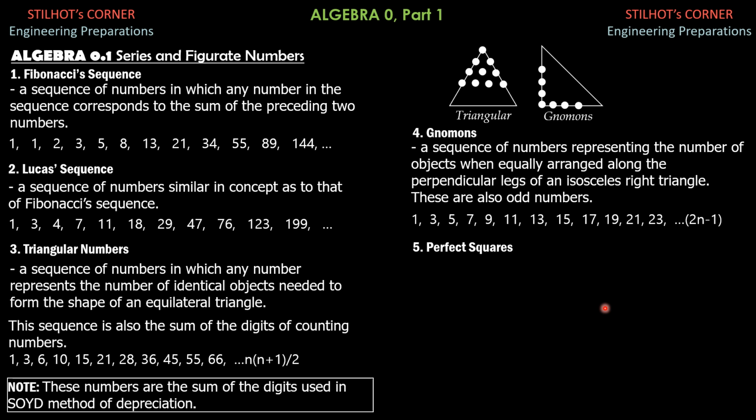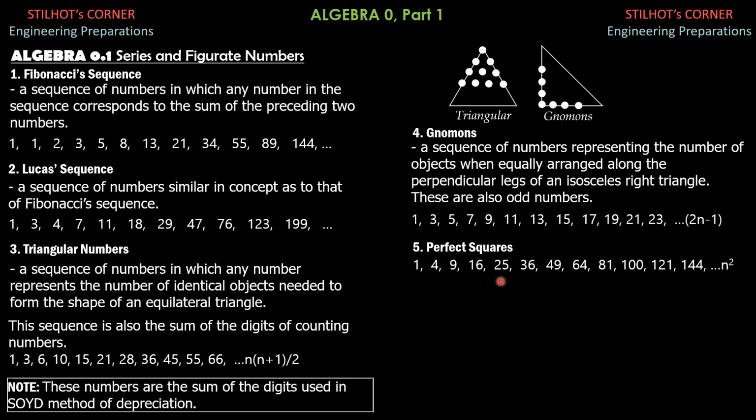Of course, you know this: 1 square 1, 2 square 4, 3 square 9, 4 square 16, 5 square 25, 6 square 36, 7 square 49, 8 square 64, 9 square 81, 10 square 100, 11 square 121, 12 square 144, and so on and so forth, 13 square 169. So it is described by, of course, n square.